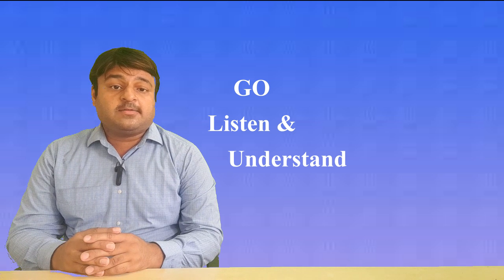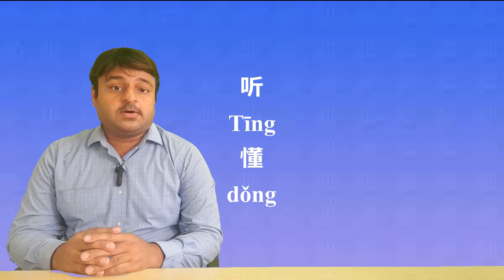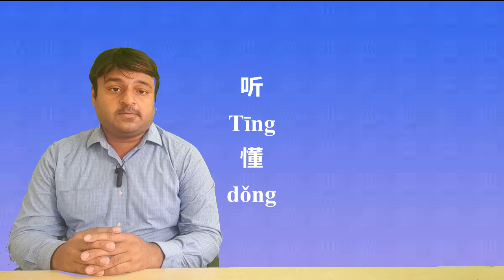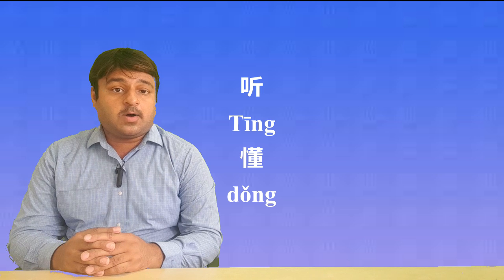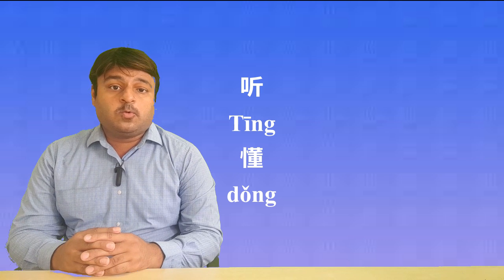Let us now look at the Chinese equivalent of these two words. For G, which is to listen, we have the word tīng, and for O, to understand, we have the word dǒng. When these two words come together, tīngdǒng, to listen and to understand, these two syllables seem like a single word.